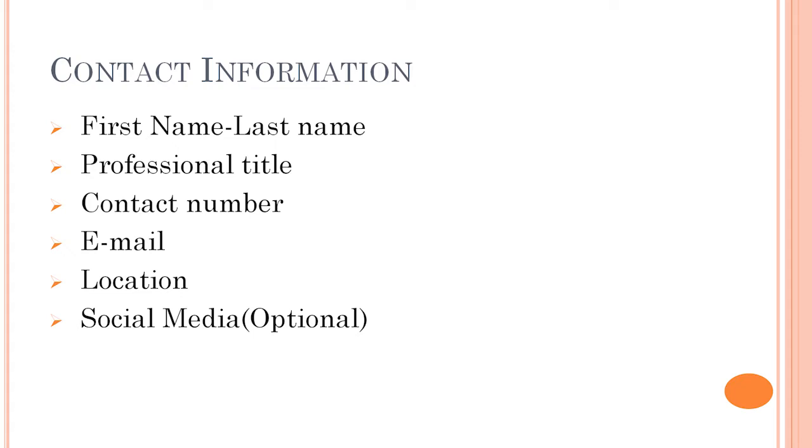And of course, if you want to prove that you are an expert in your field and you have valued social media contact through your website, you can add that too, but it is an optional section. If you have, you can add it. If you don't have one, it's not mandatory.